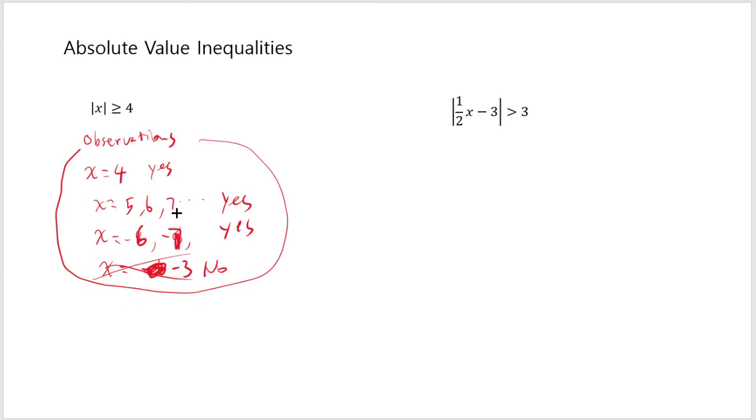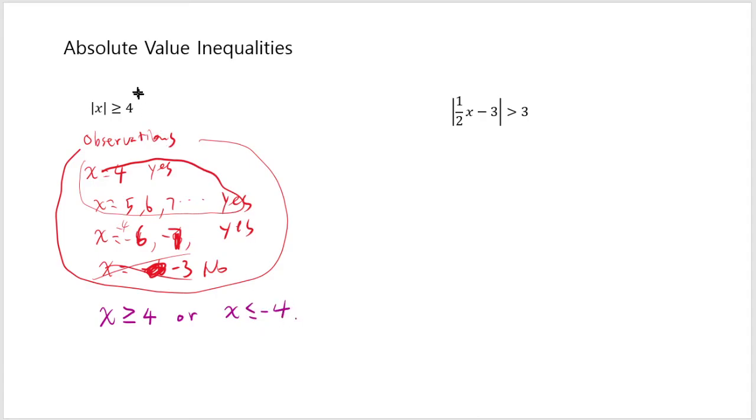All right, so we see that x could be 4 or bigger, and x could be -4 or less. -4 is good, -5 is good. So after these observations, you can conclude that either x is greater than or equal to 4, or x is less than or equal to -4.